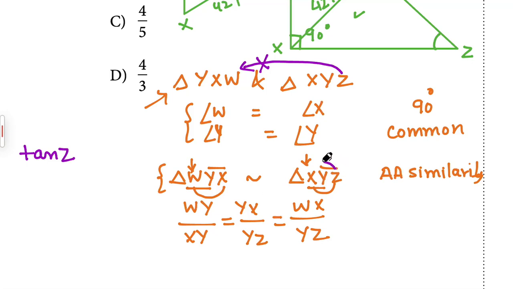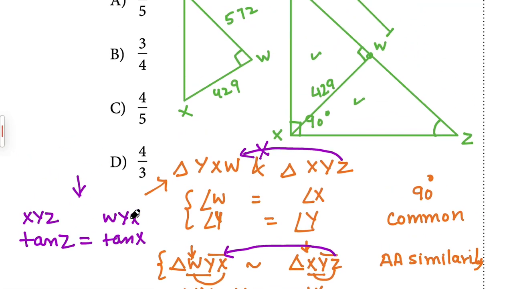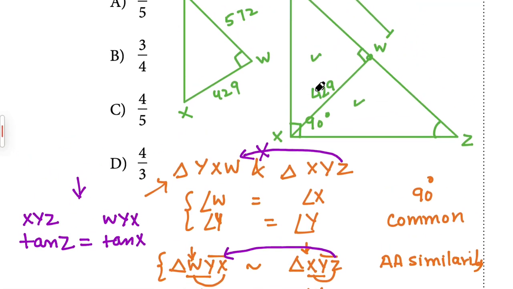So angle Z is equal to angle X of this triangle. So that means tan Z of triangle XYZ will be equal to tan X of triangle WYX because these two triangles are similar. Again, that is a very important turning point. Okay, that means we are going right because in this triangle we have measurements.